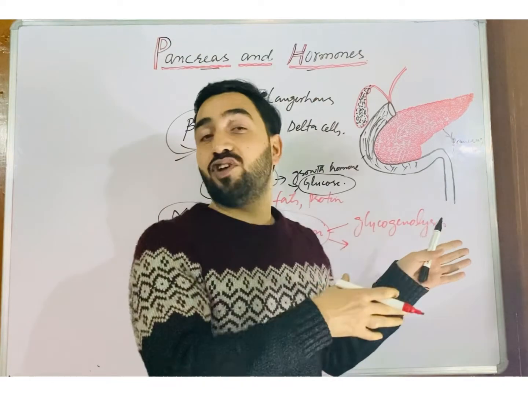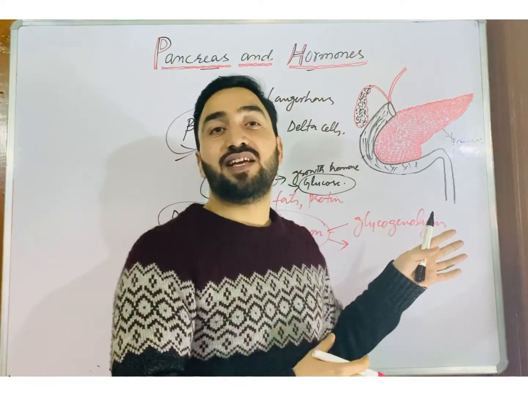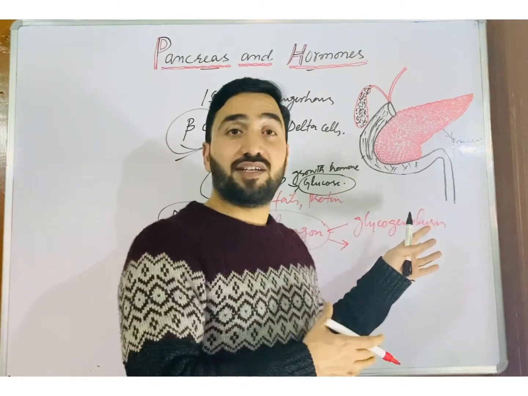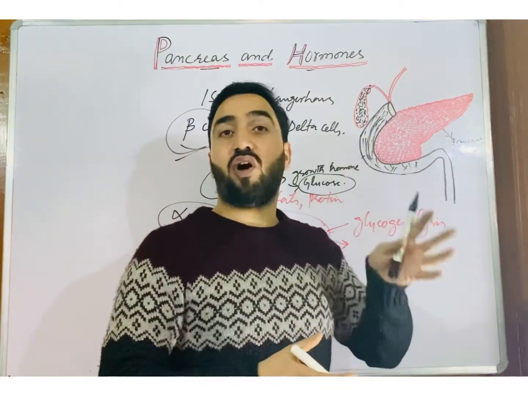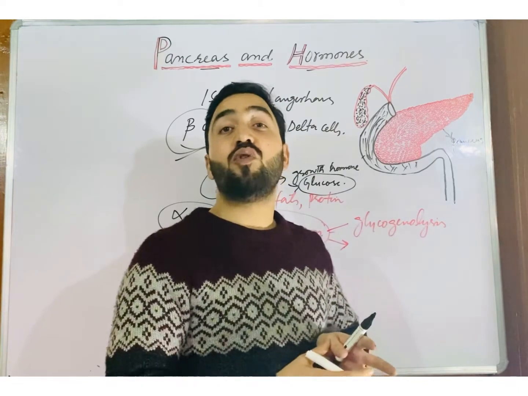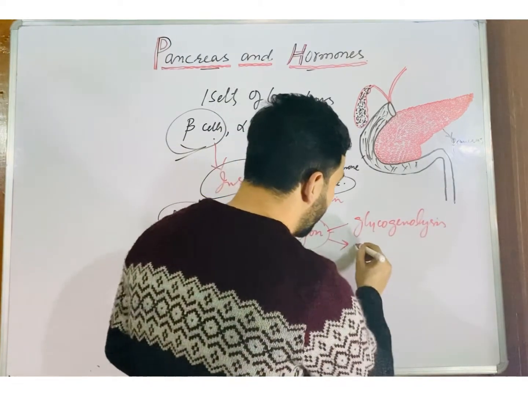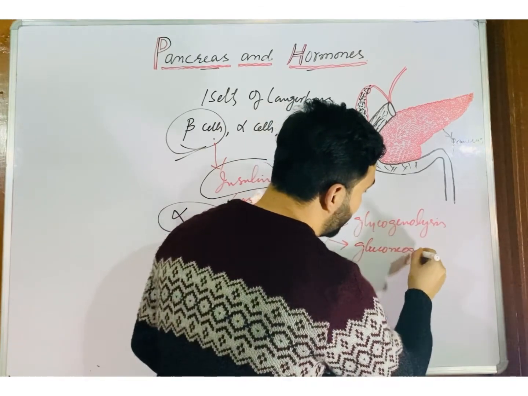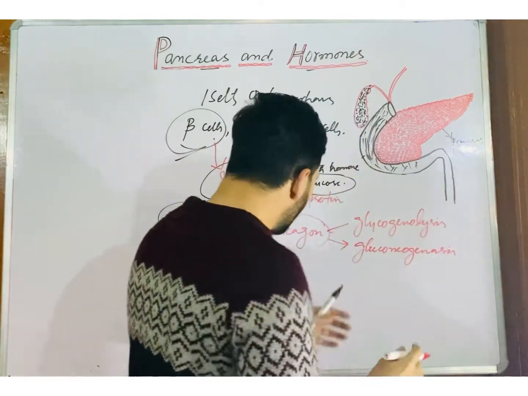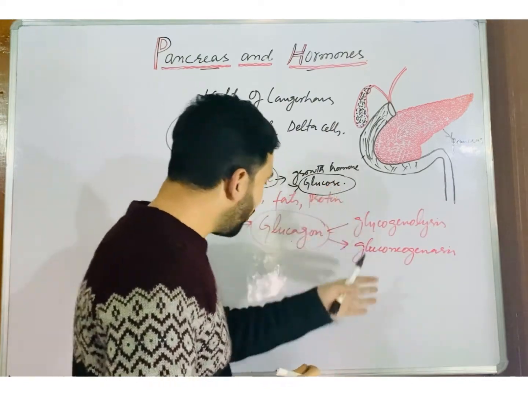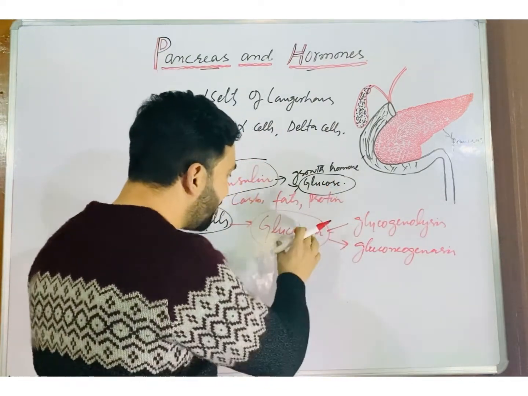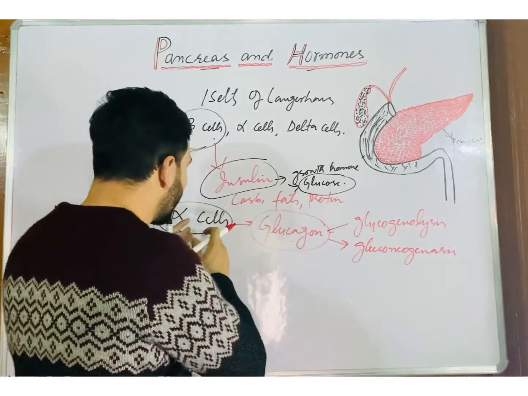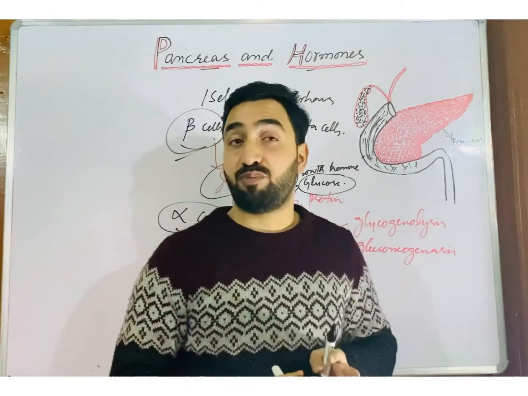Another thing it does is that this glucagon also stimulates gluconeogenesis. So two important phenomena are performed by the glucagon released from the alpha cells of the islets of Langerhans.